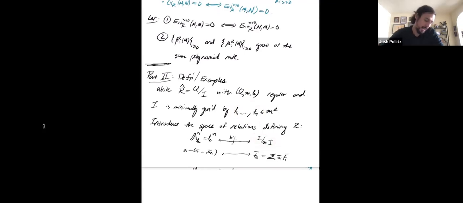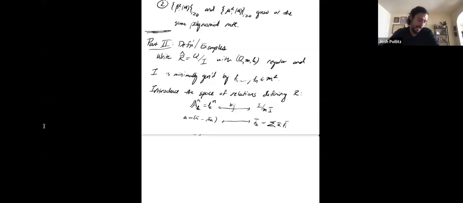Okay, and so the idea behind defining these varieties is, what we want to do is approximate homological properties of R by using intermediate hypersurfaces. I'll say a word about that in a second.